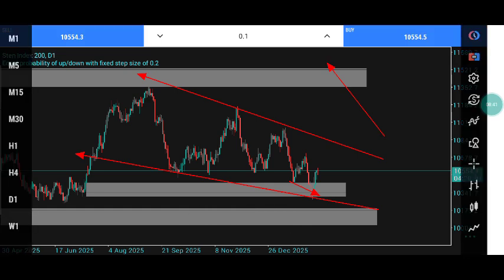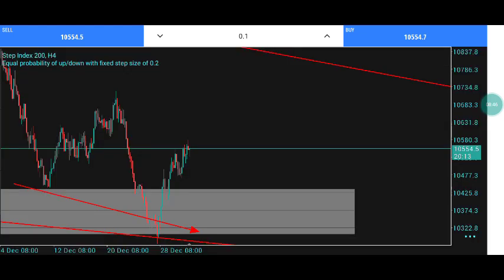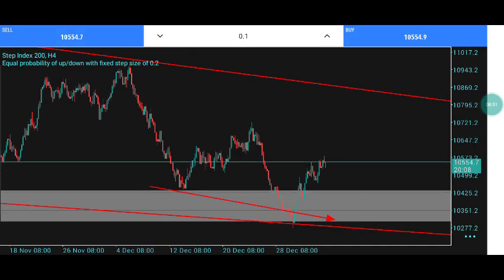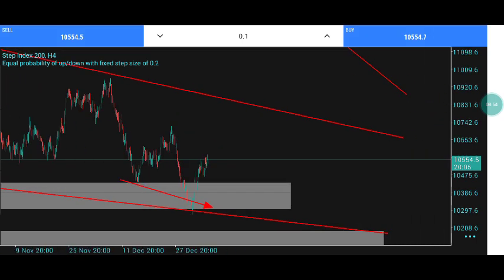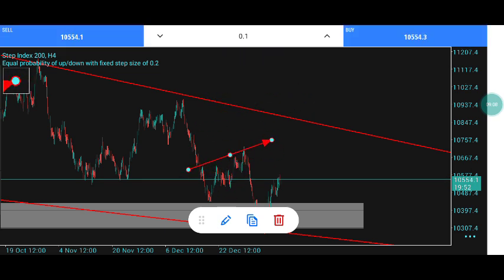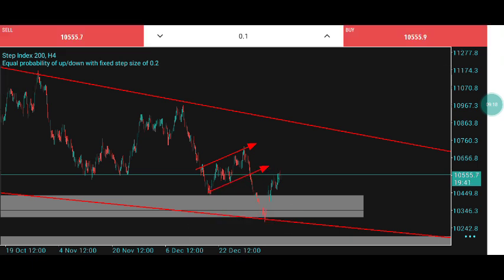Or we can still go to the lower time frames to see clearer. If you go here, you see price initially made a pattern, and it broke it.